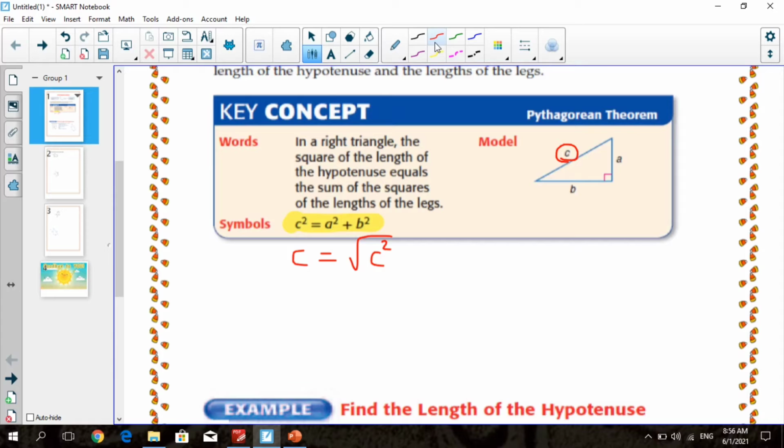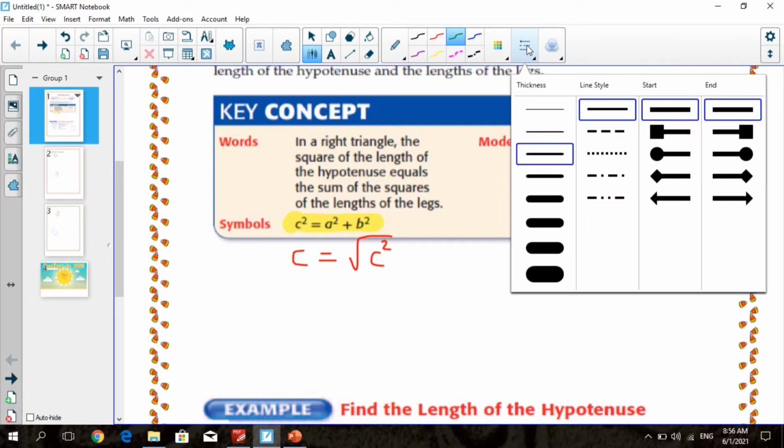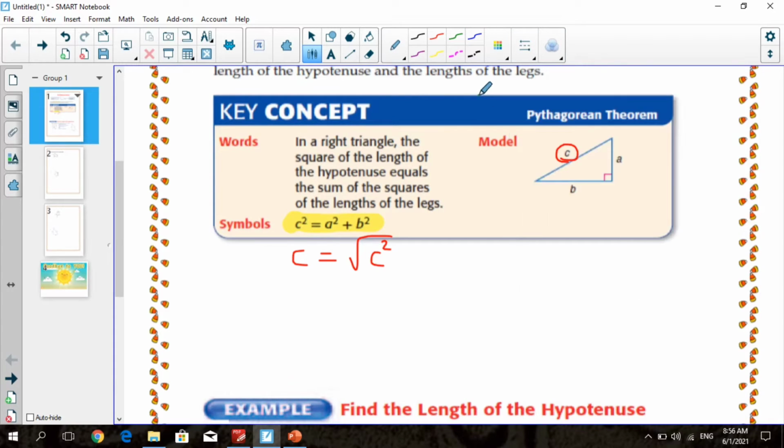Okay, now we get the length of C. What if I want to find B? What is the length of B? So from this rule, I want to find A or B. Let's find A first. A power 2 equals what? If I want to find the value of A, I need to make it alone.